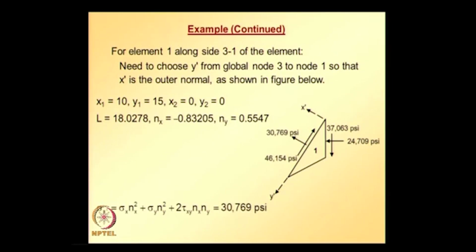From that we can calculate the length, and also the direction cosines of the outer normal along side 3 1, and once we have that information we can calculate sigma x prime and tau x prime y prime using these relations. So what I am emphasizing is that these values of sigma x prime, tau x prime y prime calculated from element 1 should match with element 2. Let us see whether they match or not.